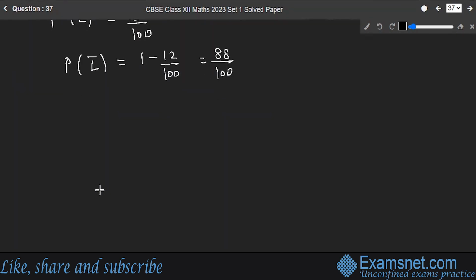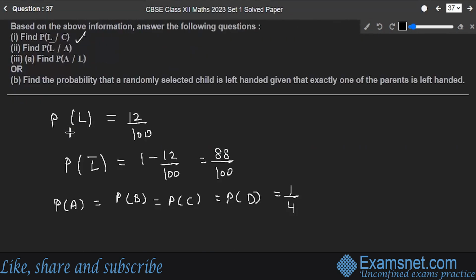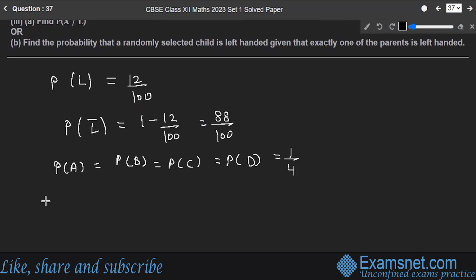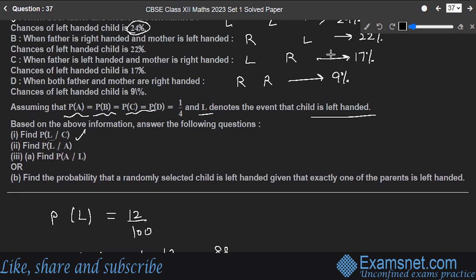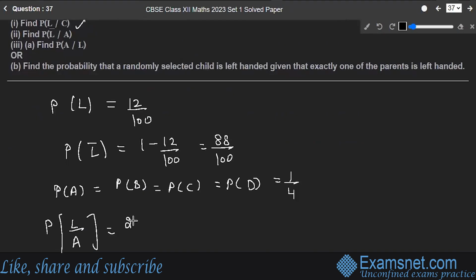Now, you are given that all the four probabilities, that is P(A) = P(B) = P(C) = P(D) = 1 by 4. And you had to find out probability L upon C. First thing, probability of left-handed from the A set was 24%, so that is equal to 24 upon 100. Probability of left-handed child from the B set was 22%.